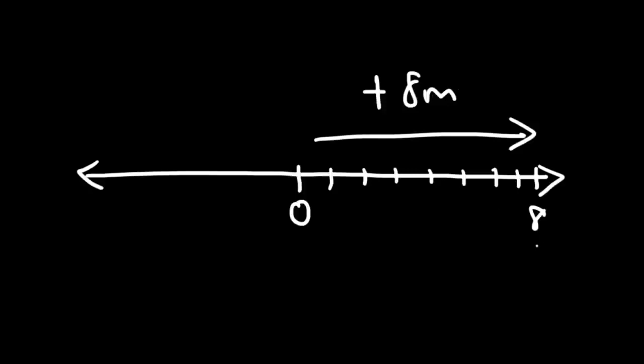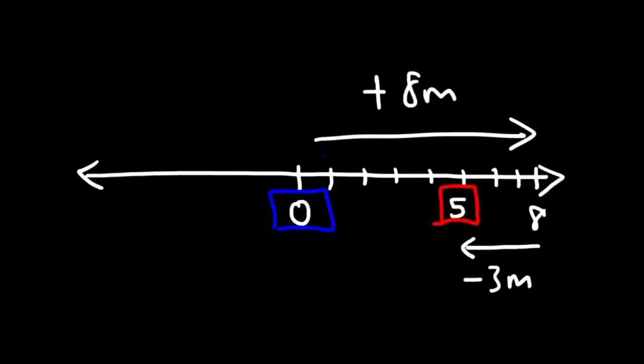Then he traveled 3 meters west. So his displacement is negative 3. So now he's at position 5. And so his net displacement is 5 meters because he started from position A and now he's at position B, which is located at position 5.